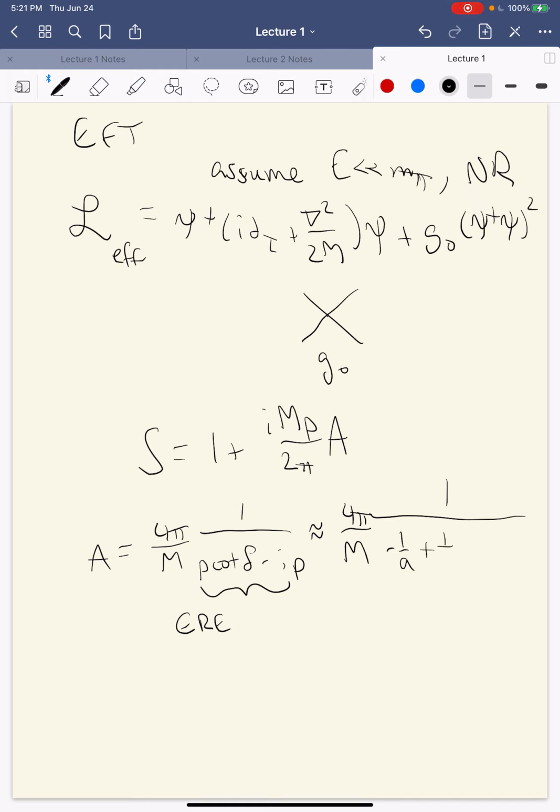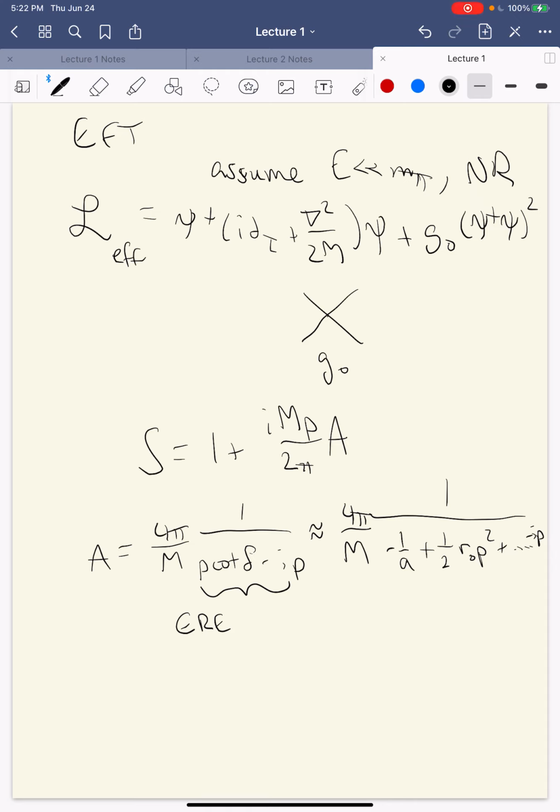And then we have the second term, which depends on R naught, the effective range, plus higher order terms, minus ip.